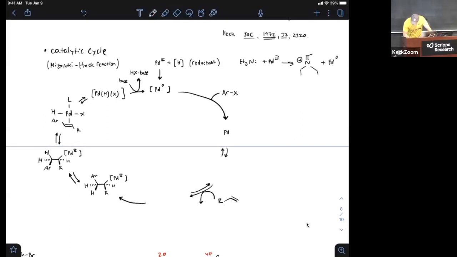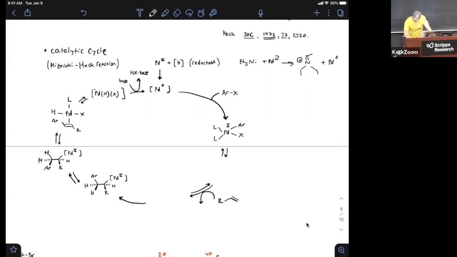So help us think through here. Christine, what is the stereochemistry of this oxidative addition going to be? Are the aryl and X groups going to be trans to one another, cis to one another? What do you think? Cis. Initially, they will be cis to one another.